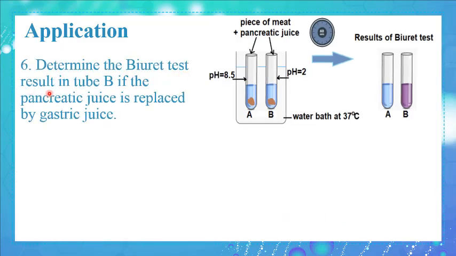Determine the biuret test result in tube B if the pancreatic juice is replaced by gastric juice. Remember that in the verb determine, we start by logical reasoning depending on our acquired knowledge and the given information, and then we give the answer. Think, which enzyme does the gastric juice contain? And in which chemical medium does the gastric juice act?